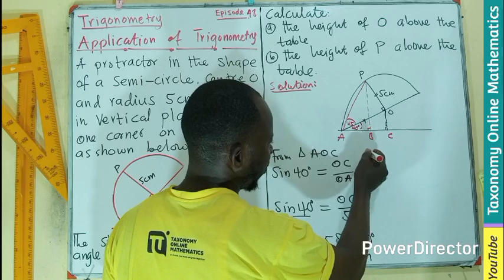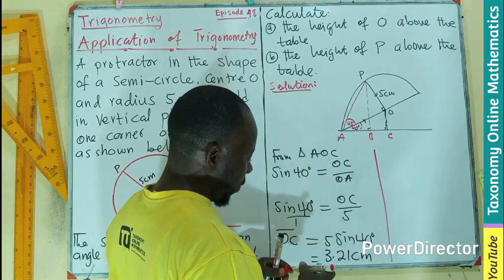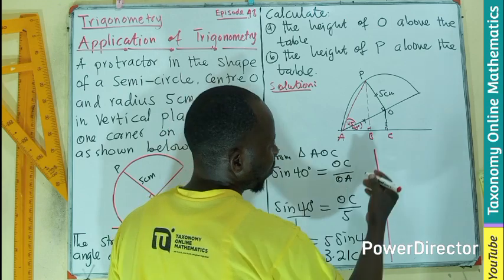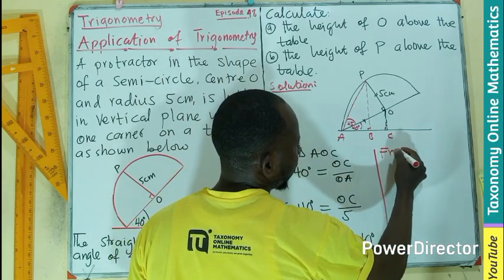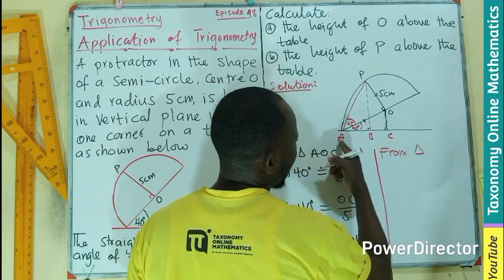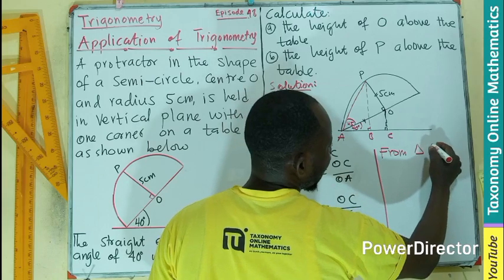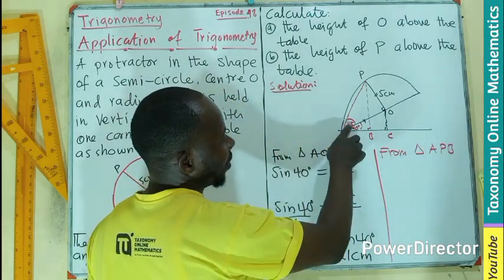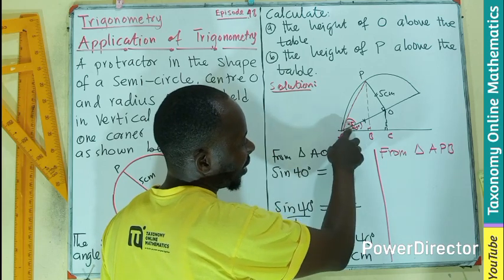We can also pick the triangle APB. I am going to have the two angles there.